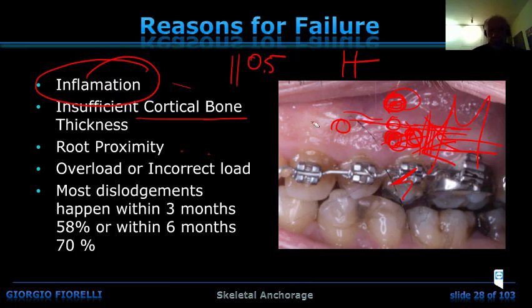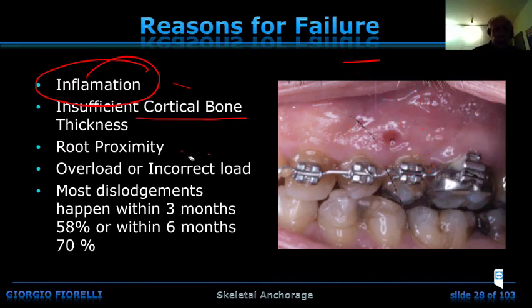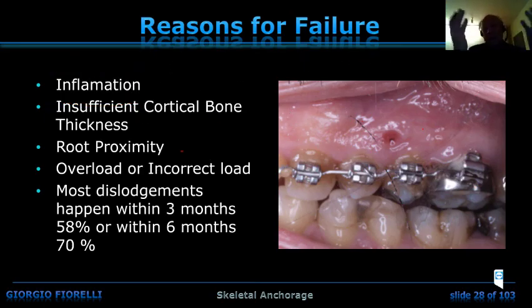Another reason for which a TAD can fail is the overload or incorrect load. I mean, considering that the stability is given, in the very first period, just by the mechanical features of the cortical bone, usually you should be very careful not to give a very large force, because if you apply 300 grams of force, even if you have a good cortical bone, you're going to have microfractures of it, and everything is going to get loose.